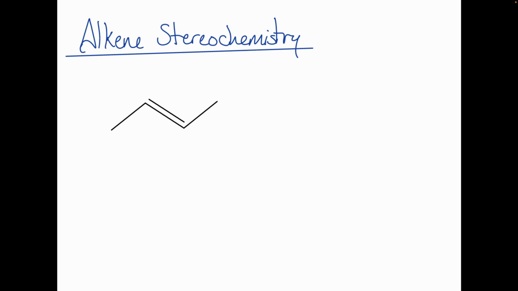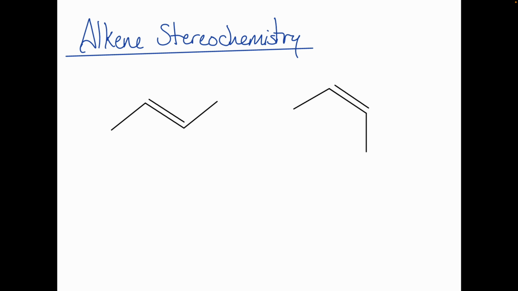Well, remember, alkenes cannot rotate about their carbon-carbon double bond. That's not allowed. So this molecule here is distinct from this molecule here. Both of them are 2-butene, but they have different stereochemistry, right? Different spatial arrangement of those methyl groups.